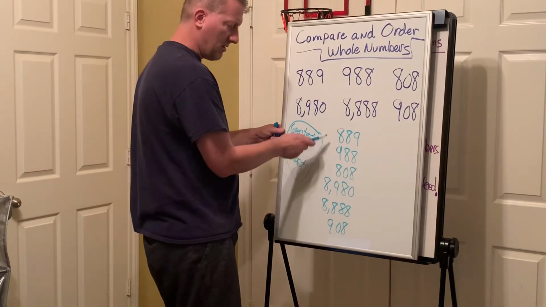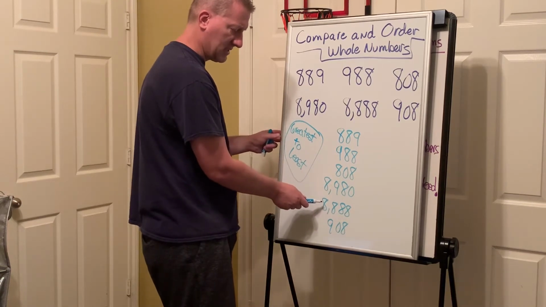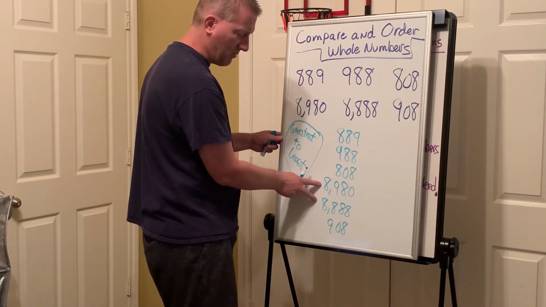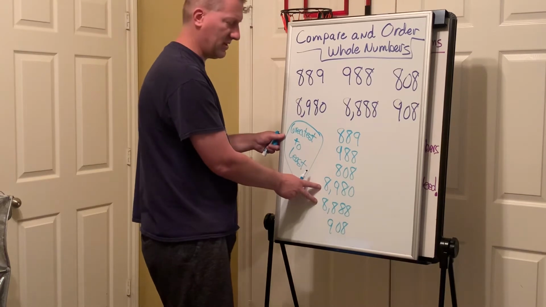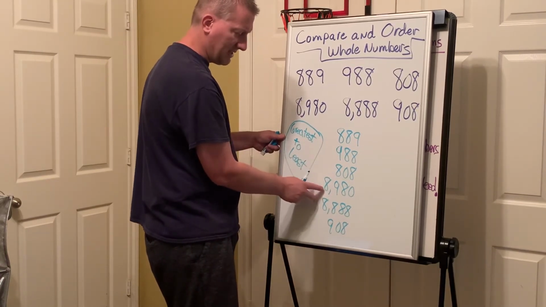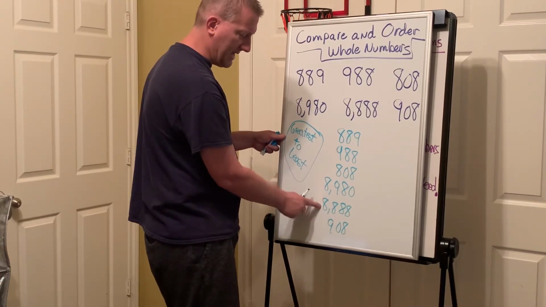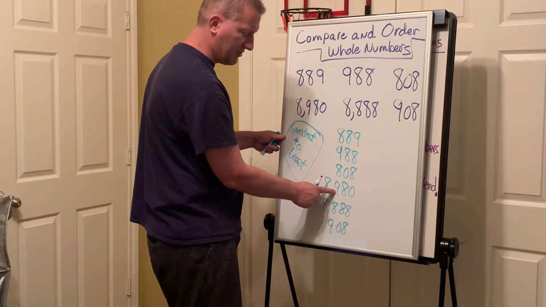Look at this first one. There's only 2 that have thousands place. So one of these has to be our greatest number, doesn't it? Because all the other ones only have hundreds. So let's look at these 2. This one and the next one, because these are both 8s, these are both the same. We have to go to the hundreds place.